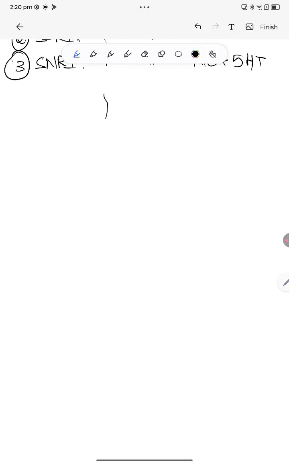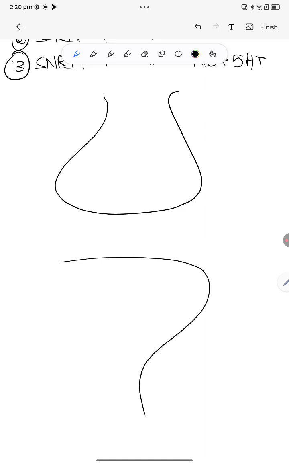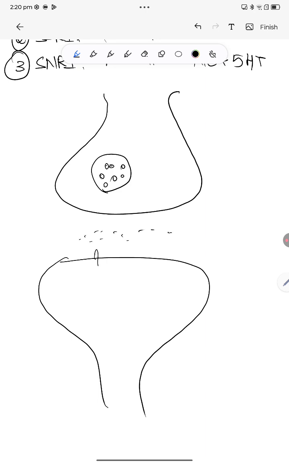See, this is our presynaptic neuron. This is our postsynaptic neuron. On appropriate impulse, serotonin and norepinephrine, which are stored in the vesicles, are released into the synapse, which primarily acts on the postsynaptic receptors, so that the postsynaptic neuron is excited. What usually happens is this gets reuptaken by certain transporters.